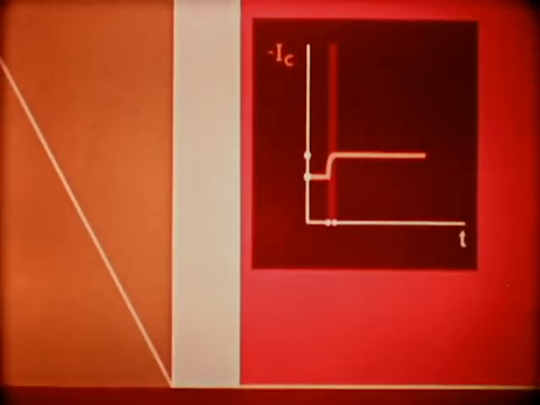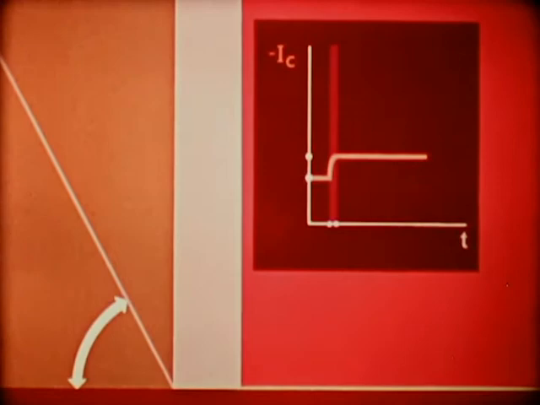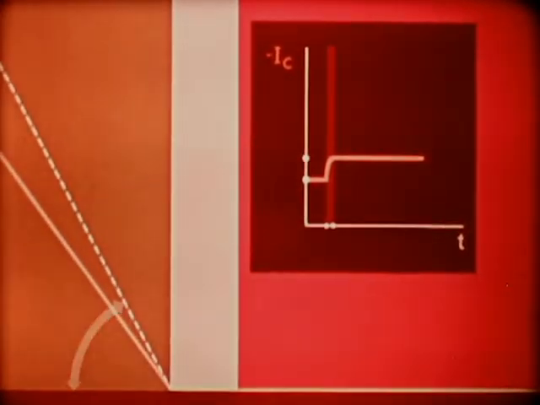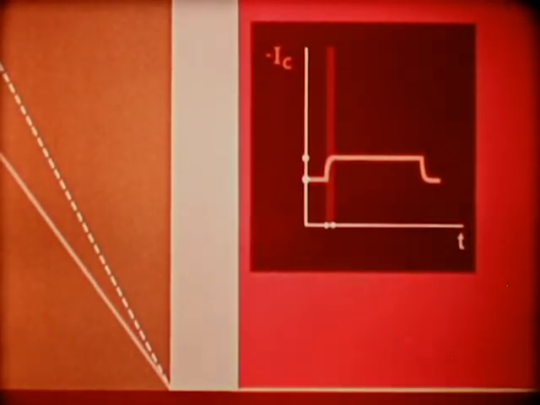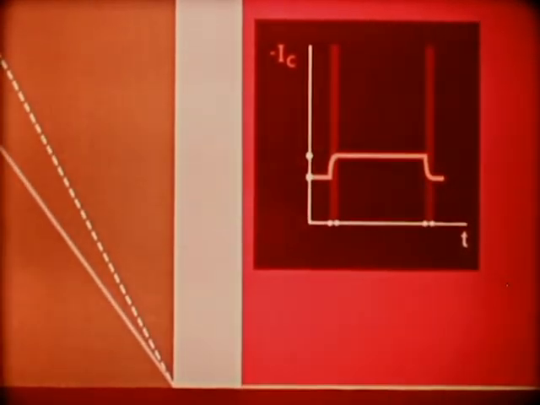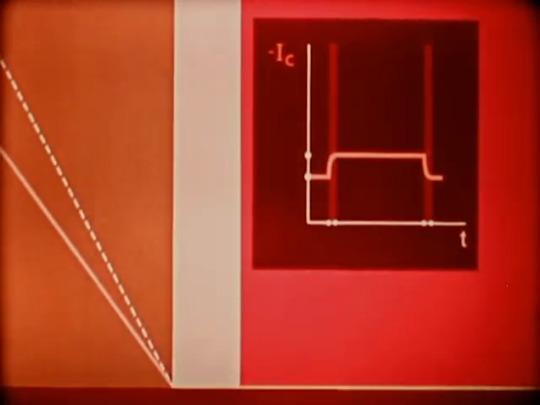Thus, the changes in the angle of the concentration curve near the collector base junction are directly related to the variations of the collector current. The time taken for this current to fall to its original value is called the fall time, TF.